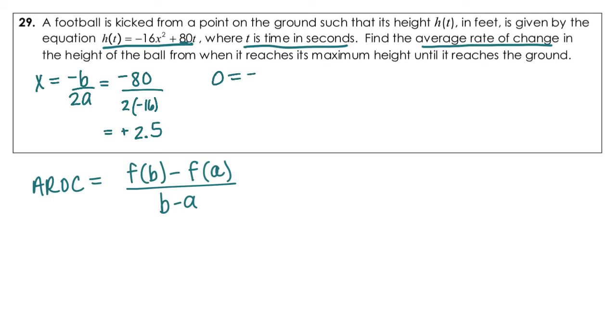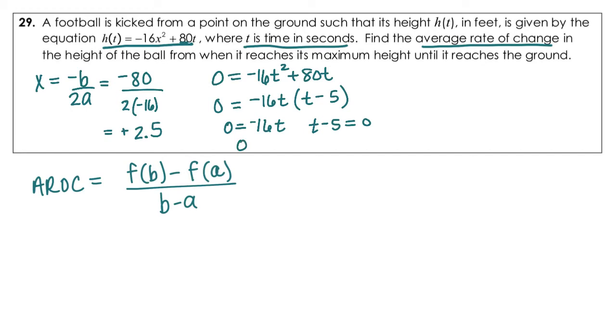Now to find when it reaches the ground, you're going to set the function equal to 0. So 0 equals negative 16, that should be t squared, plus 80t. You need to take out a GCF, which is going to be negative 16 and t. And so you're going to have t minus 5. Setting each part equal to 0 is going to solve your t value.